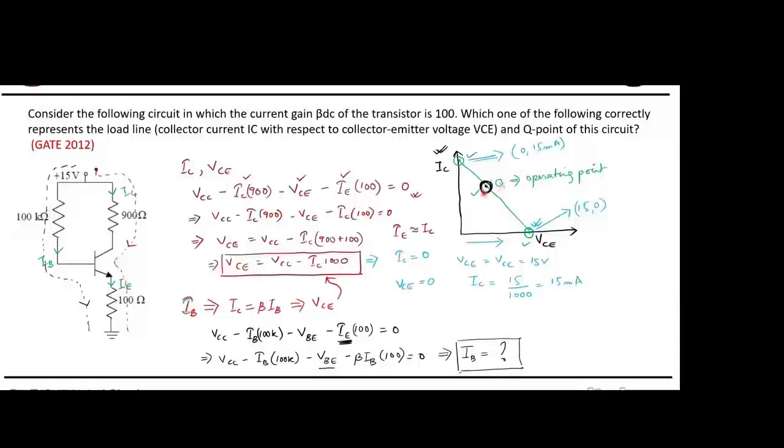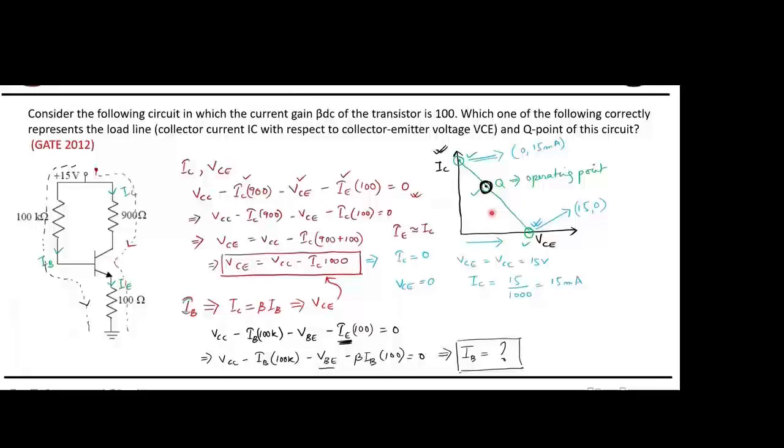Fine. Now don't get confused with this IC and VCE. These 2 points are the intercepts. But the calculated point here, IC and VCE, is the operating point. Okay, any doubt?